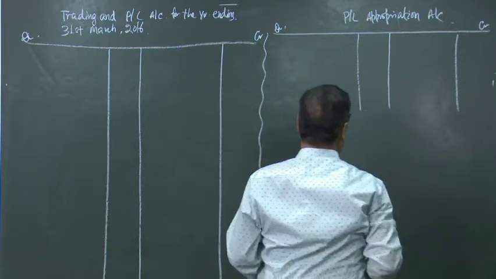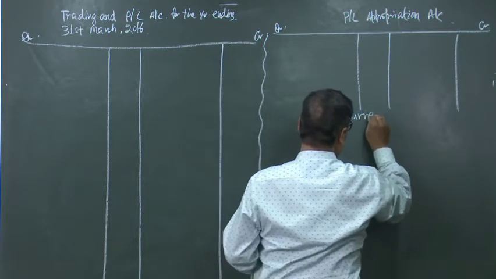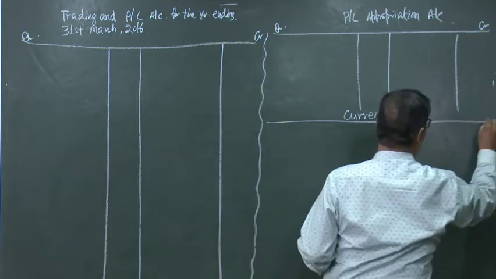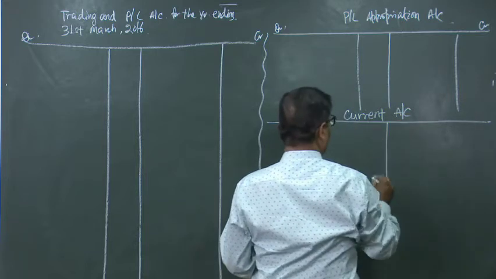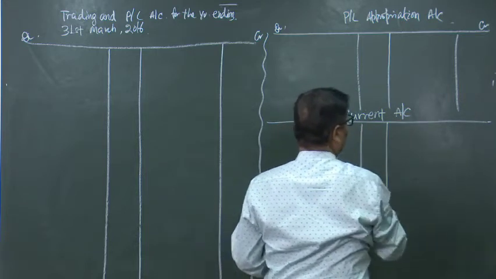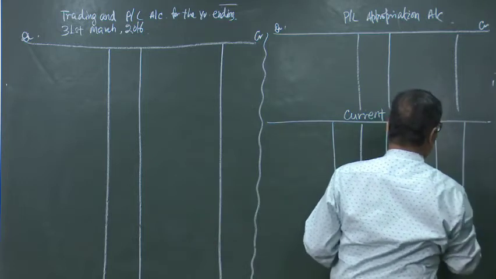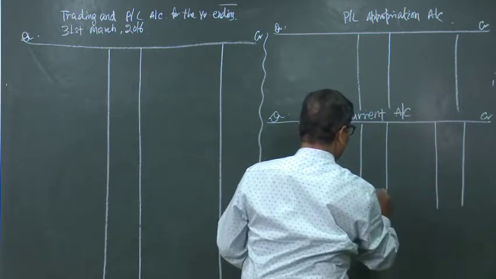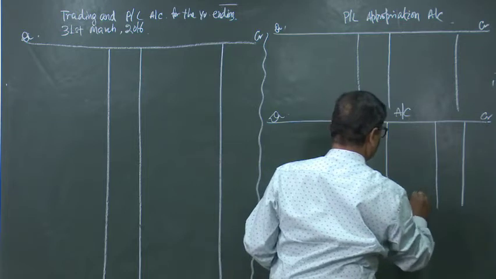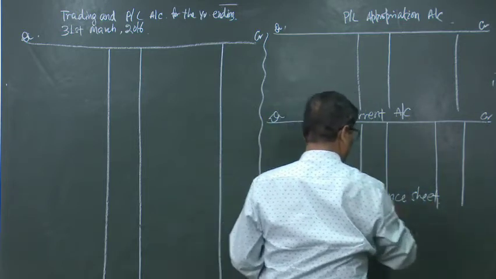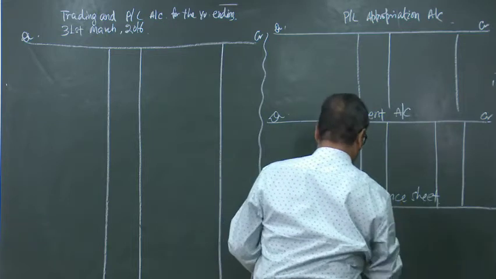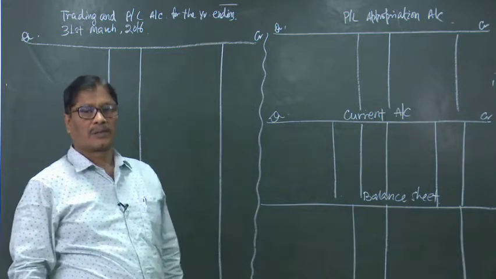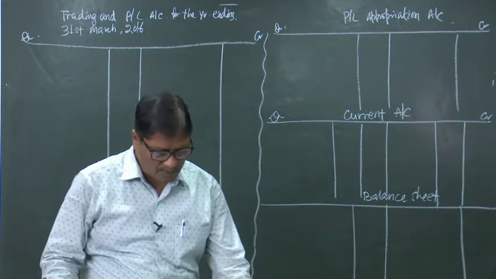Then we will prepare the current accounts, as there are two partners, we can have a columnar way in which it will be prepared, debit and credit, then we can prepare the balance sheet. So, these are the four things which we will have to prepare.